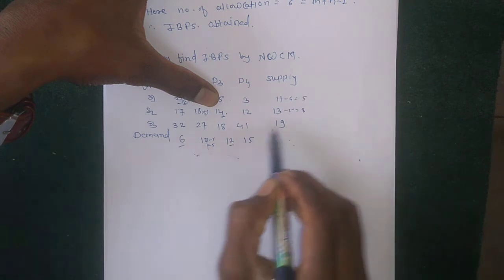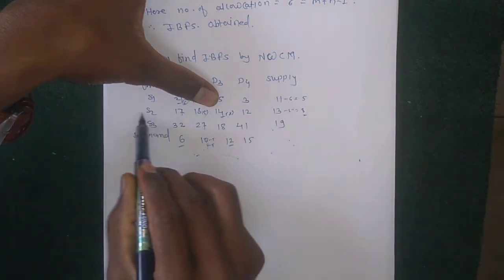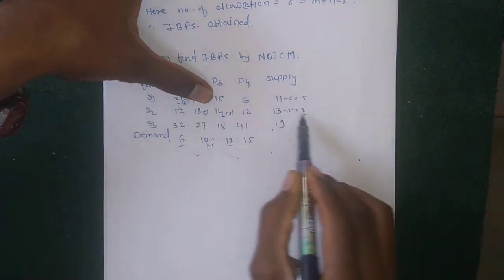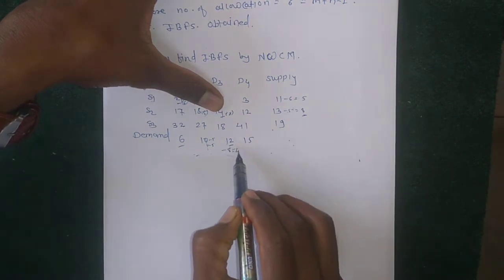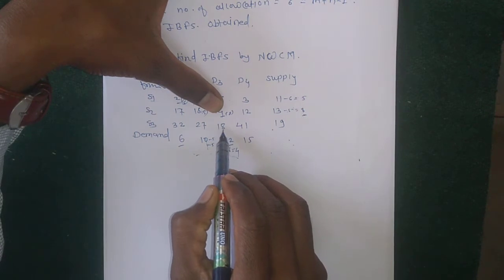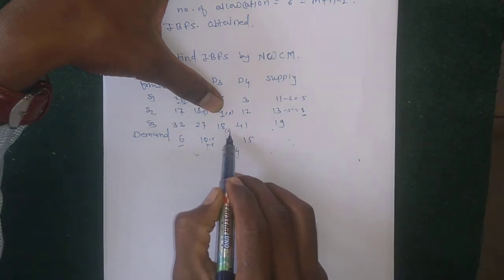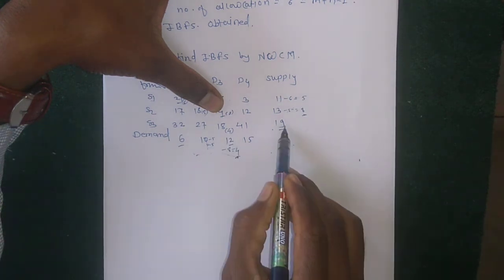Here 8 is less than 12, so allocate 8 and remove the S2 row. Then 12 minus 8 leaves 4. Again start from 18, with only 18 and 41 remaining. The remaining 4 is less than 19.